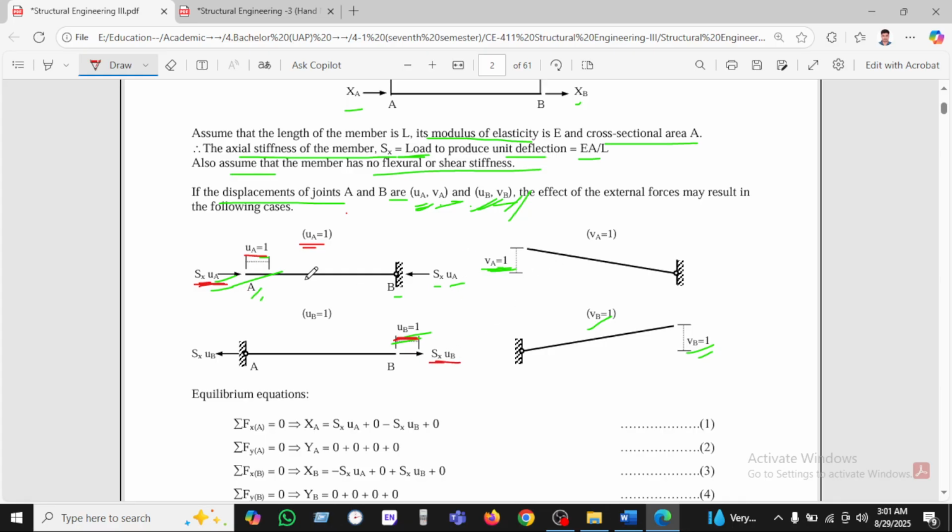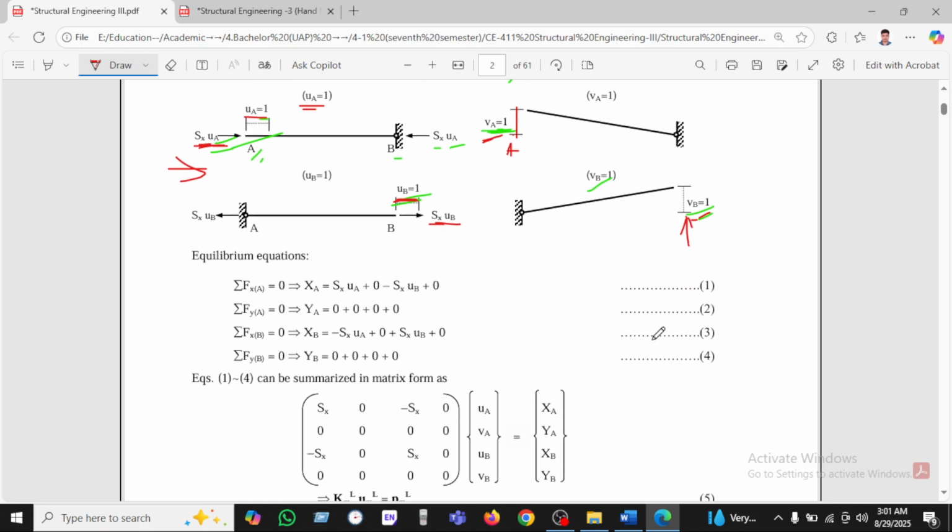This is the horizontal displacement, or horizontal force, that we have applied. Now we can apply a force vertically, so the deflection will be VA at point A, and the displacement will be VB at B.